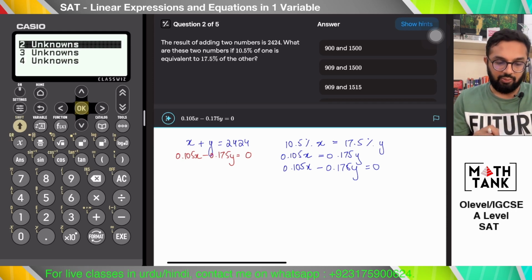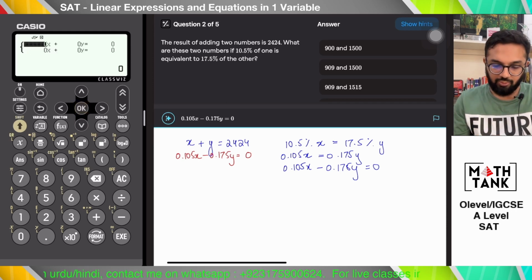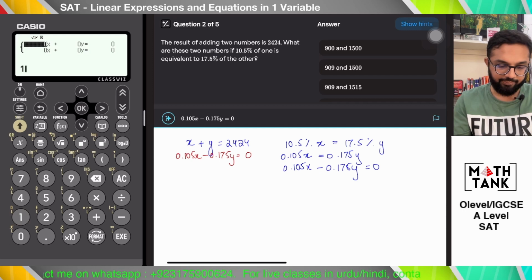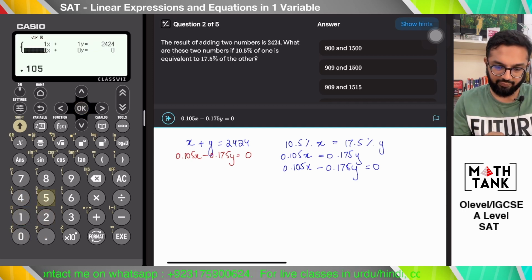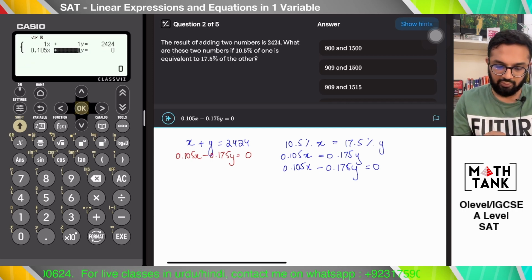So you go to equation, you have simultaneous equations. I want two unknowns, so 1, 1, and 2424, and then 0.105, 0.175, and there's a negative with it.